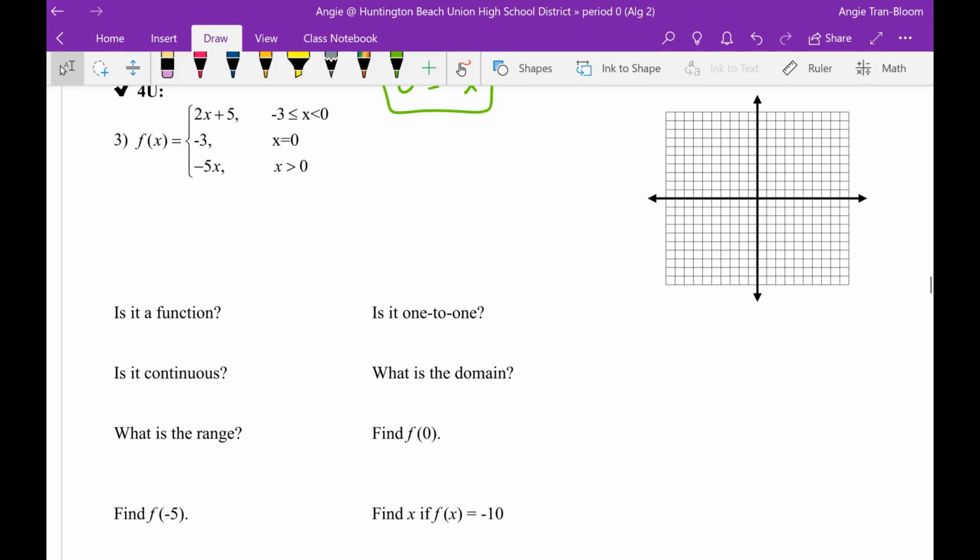Now at -3, what is your output? This is an equal sign, so it's a closed circle. So I'll plug it into the first piece.